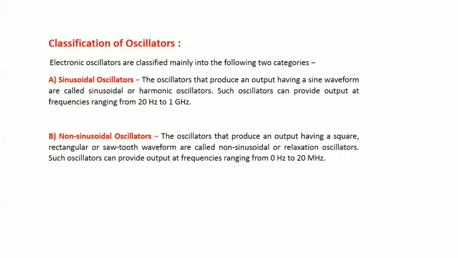The second type is non-sinusoidal oscillators. These oscillators can produce an output having a square wave, rectangular wave, or sawtooth waveform. Such oscillators can provide output at frequencies ranging from 0 Hz to 20 MHz.